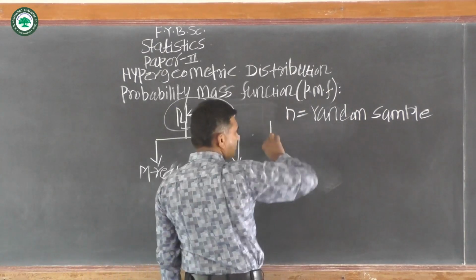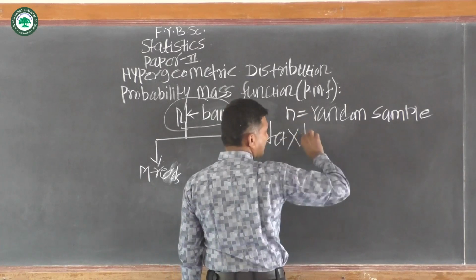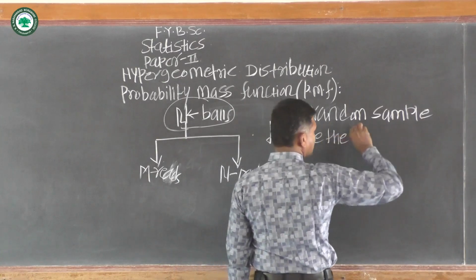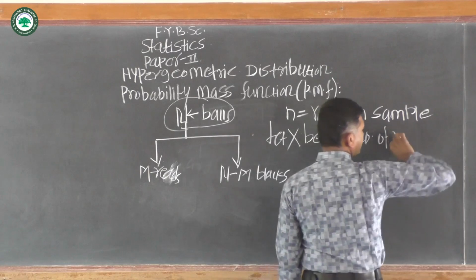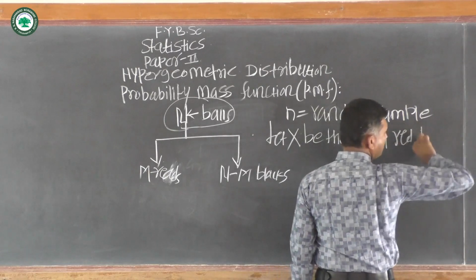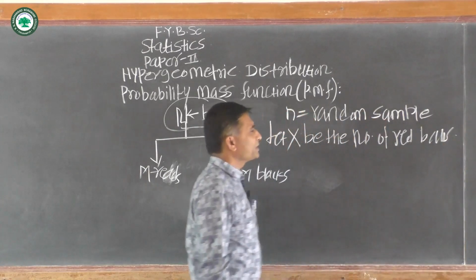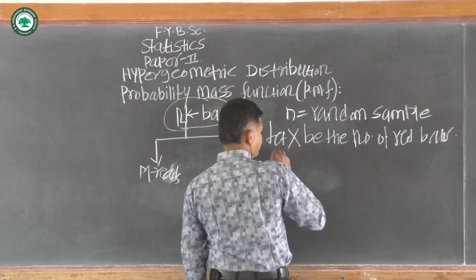Then let x be the number of red balls in a sample of size n.